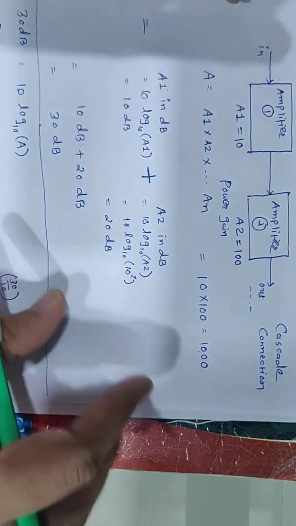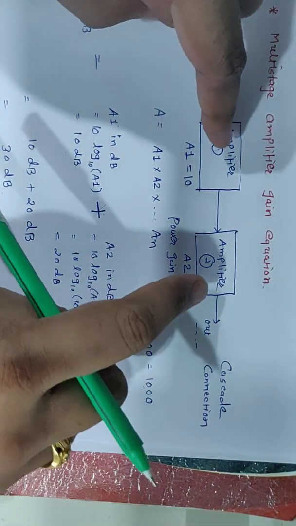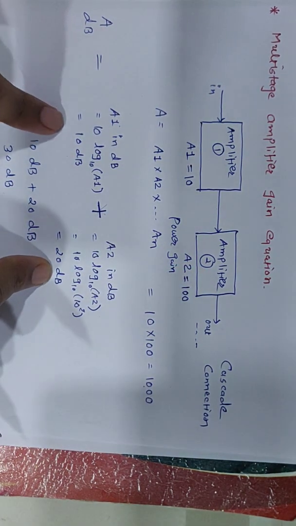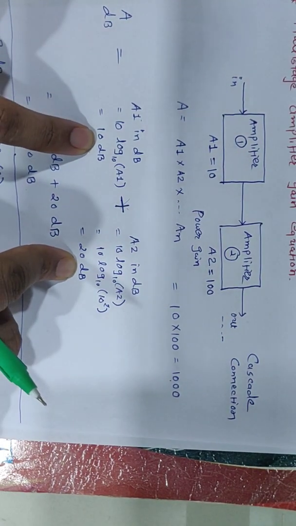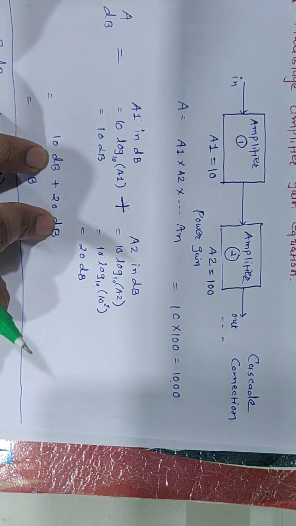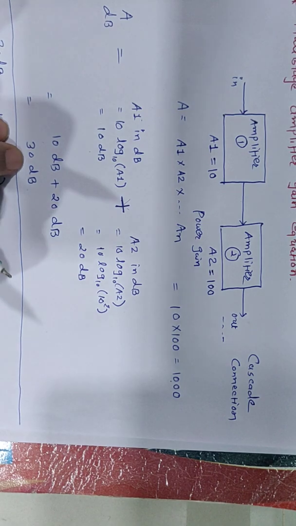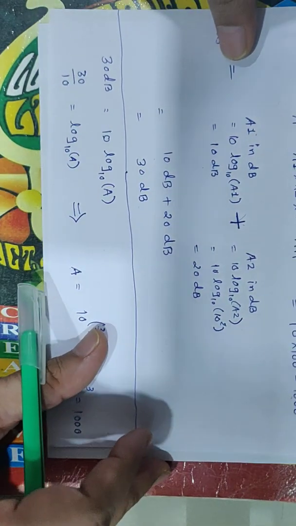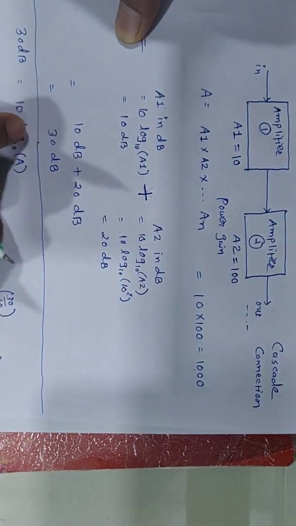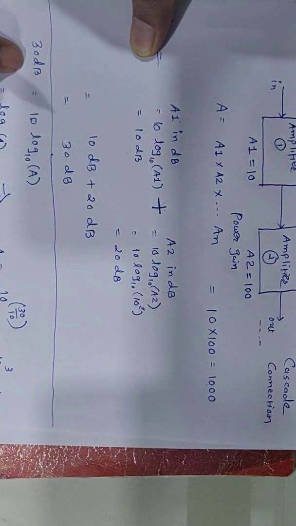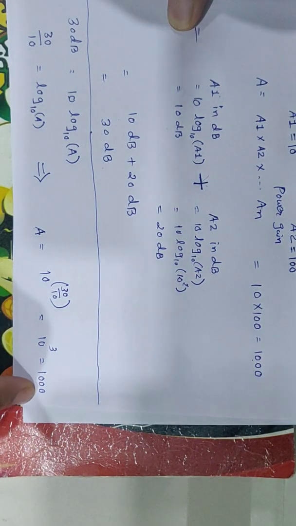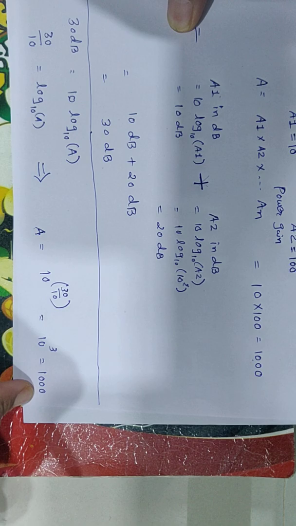In a similar way we converted each individual amplifier's gain into dB and added the gains in dB, getting 30 dB. Again, to cross-check whether both answers are correct, we converted this 30 dB into normal gain by taking the antilog, and it is 1000.